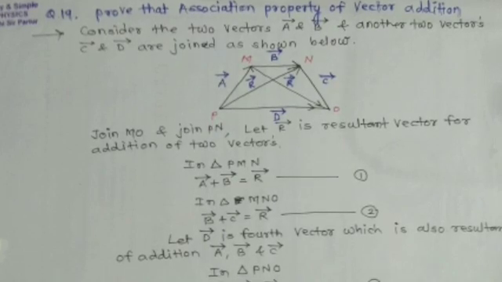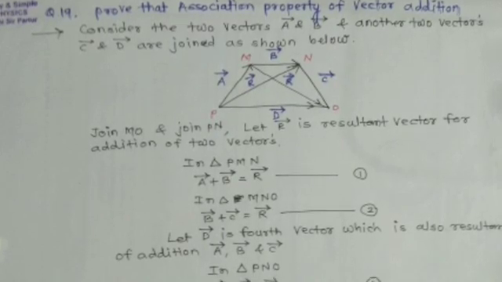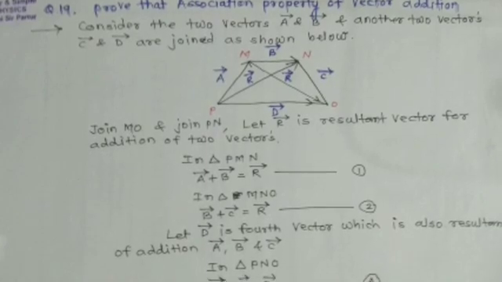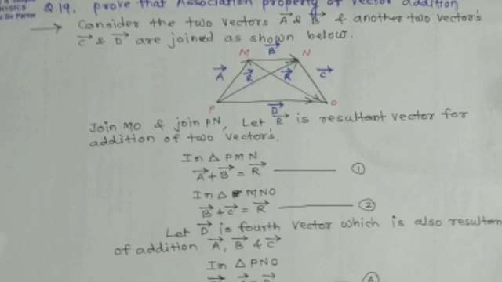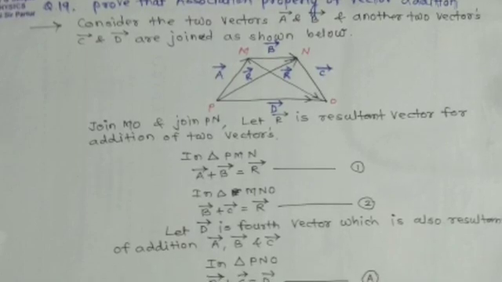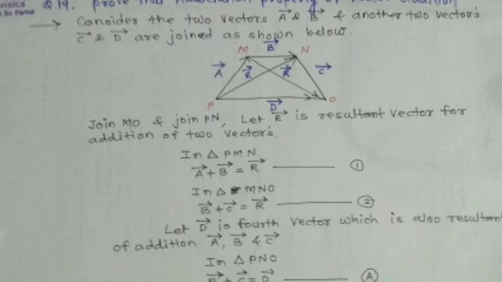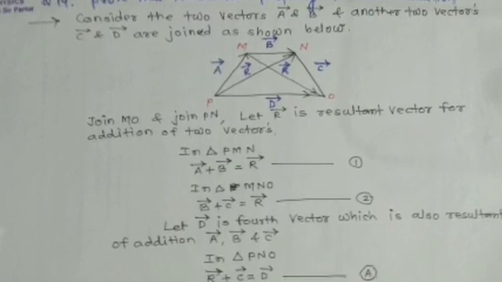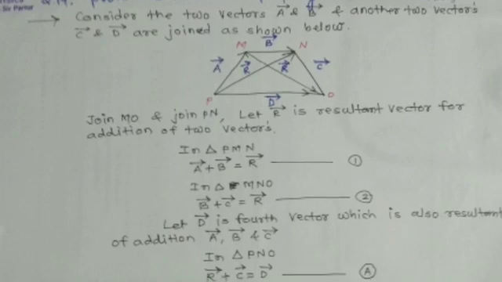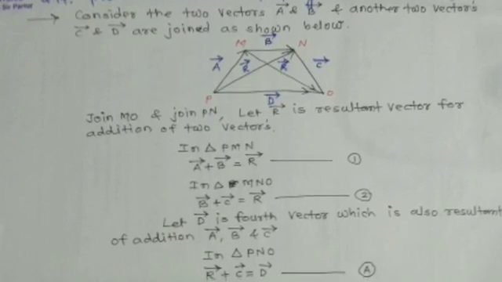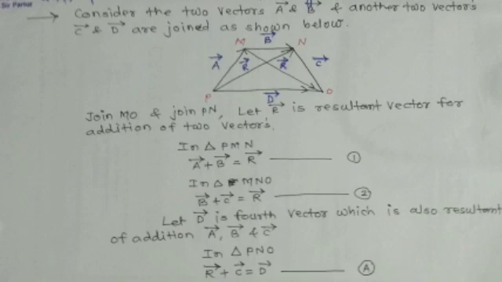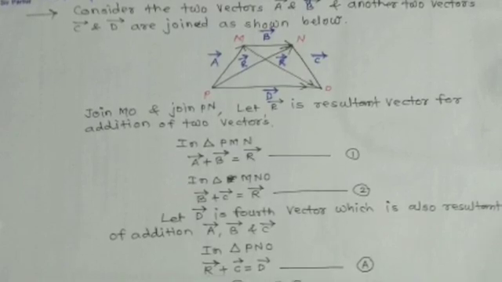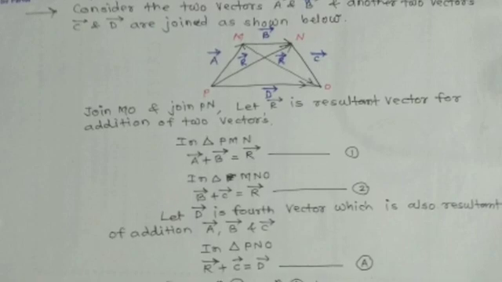Join the two diagonals MO and PN, which forms PMNO. Let vector R be the resultant vector for the addition of two vectors. In triangle PMN, vector A plus vector B equals vector R. Suppose this is equation number 1.